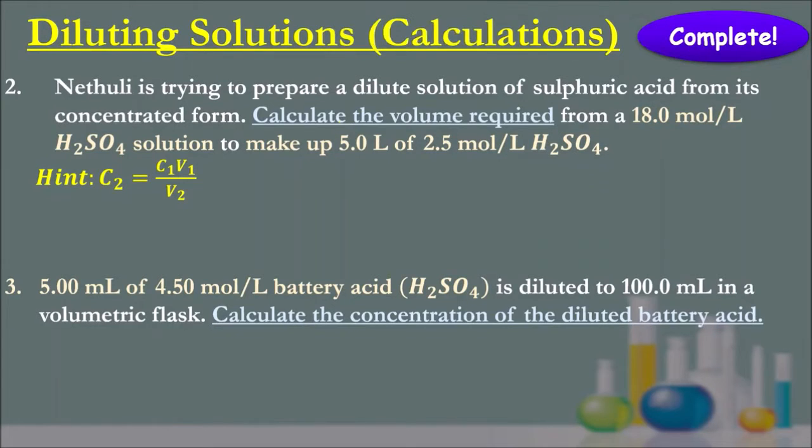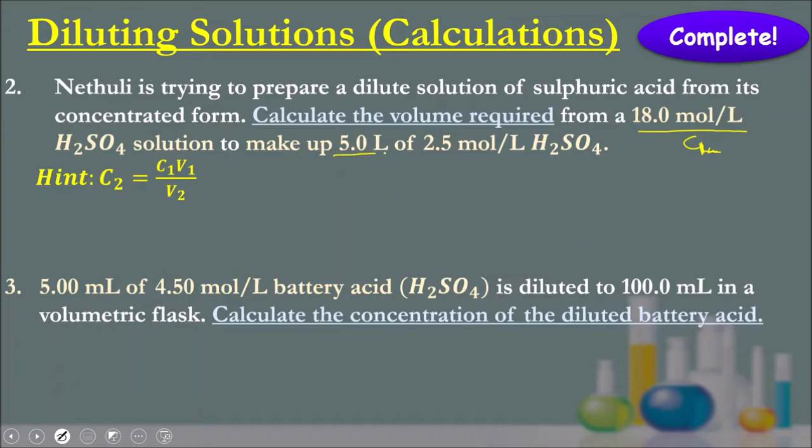Now if I move on to example 2, with Nathuli trying to make a dilute solution of sulfuric acid, calculate the volume required. Okay, so here we go. So we have from a concentration of originally this, so that's C1, let's call that.